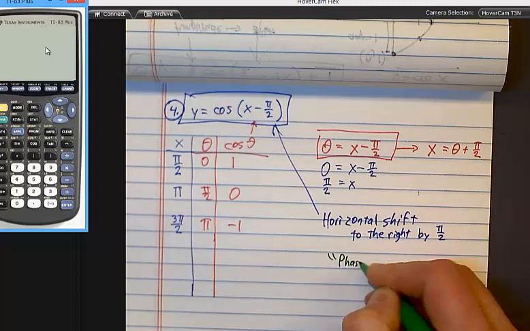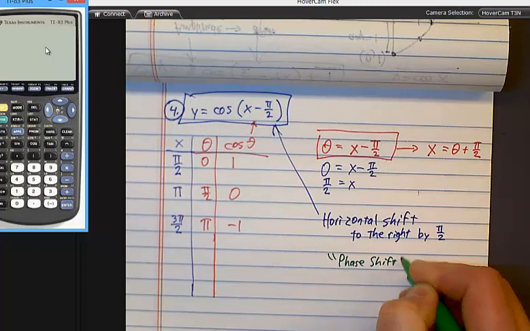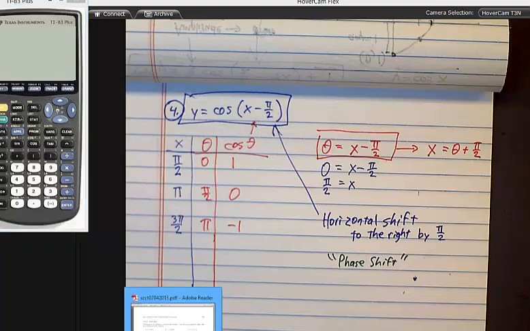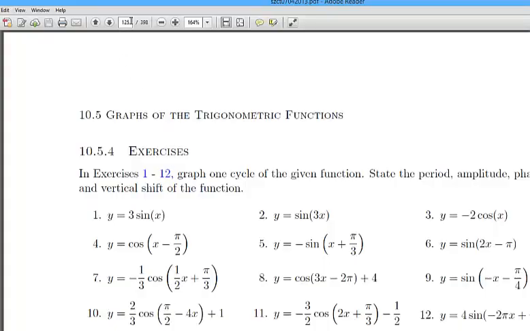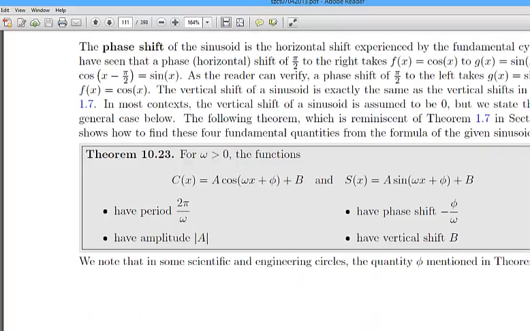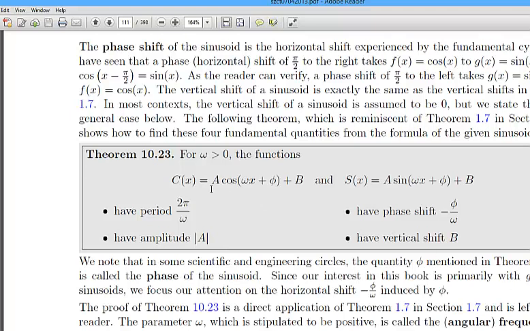Now, what's the deal? If you look at page 111 again, let me go back to it. We have that little theorem that tells me about all this stuff right here. It tells me that I can get a phase shift by looking at negative phi over omega.